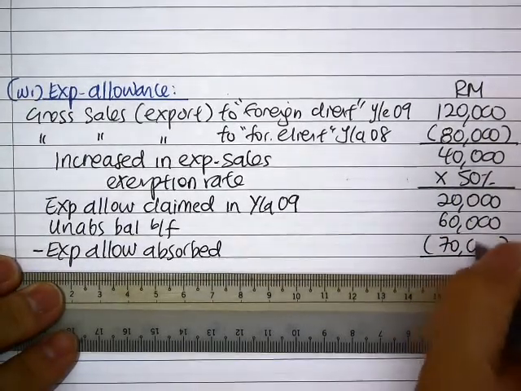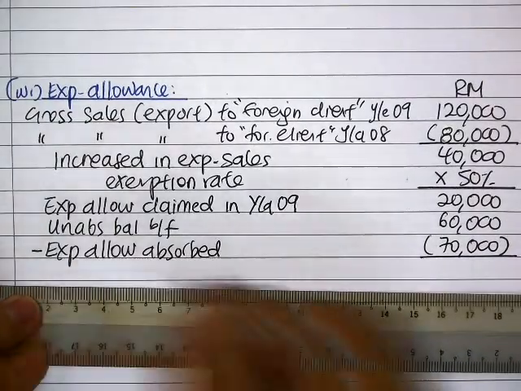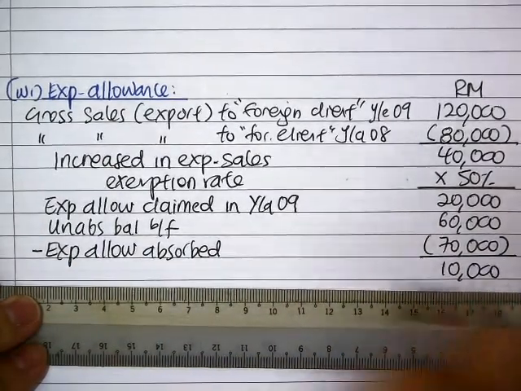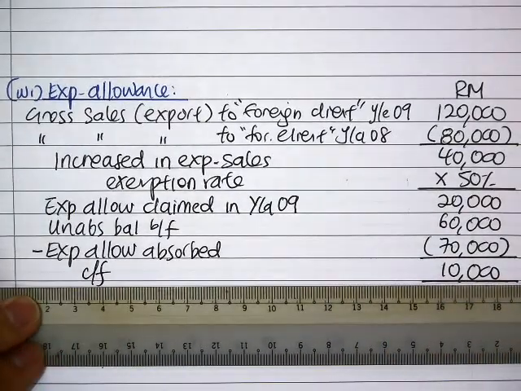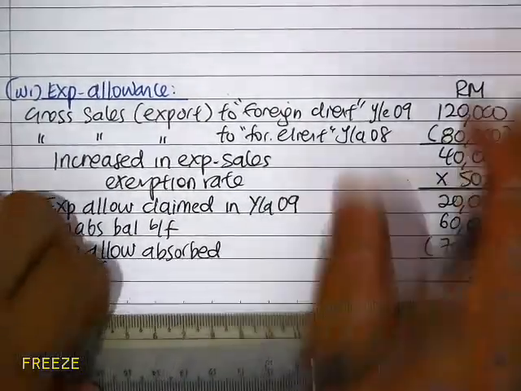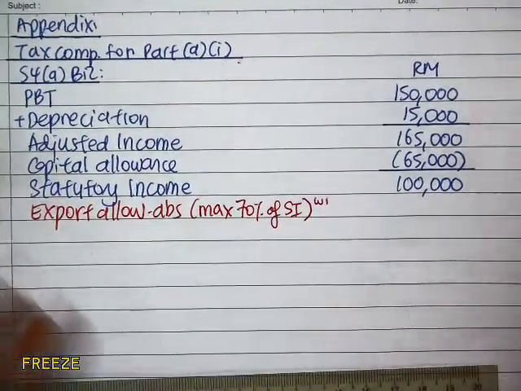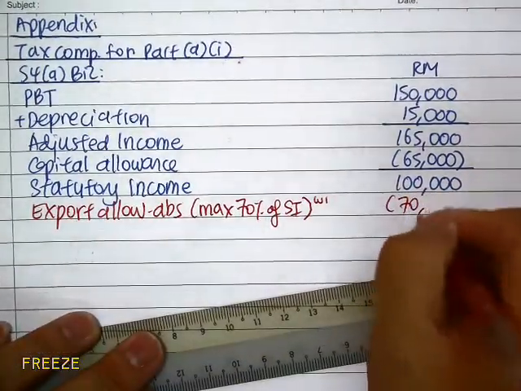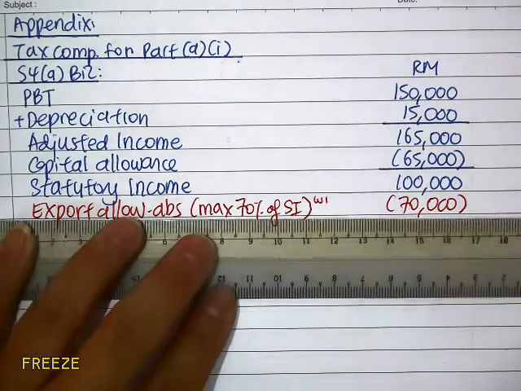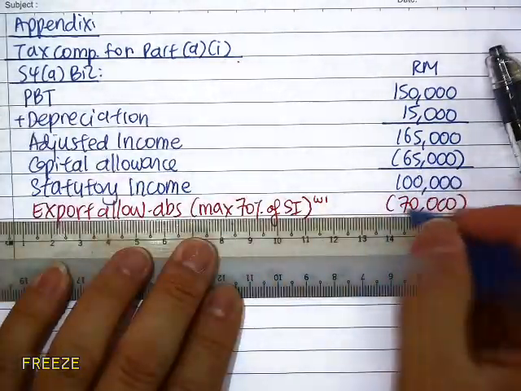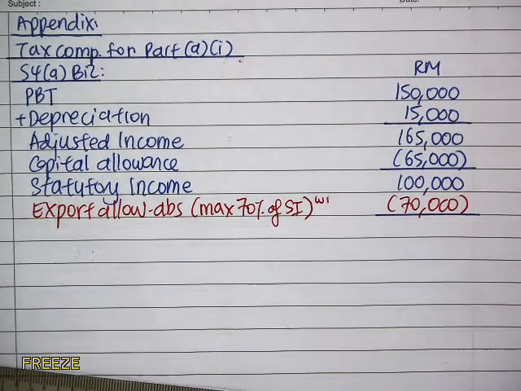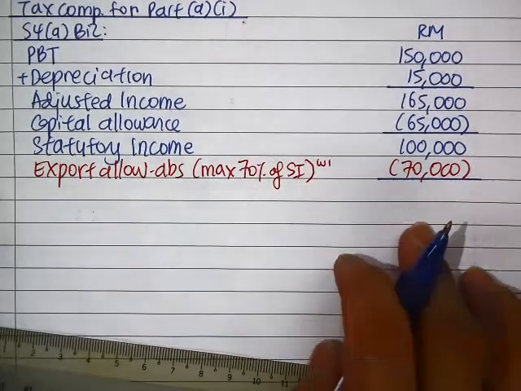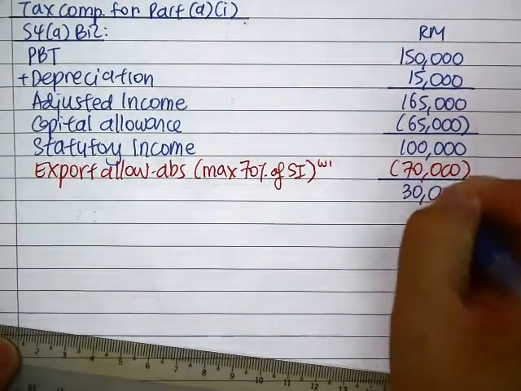So you just minus 70. So there's still a 10,000 carry forward. Then bring that 70,000 on top. So minus this 70. Now after you absorb 70, left with 30.